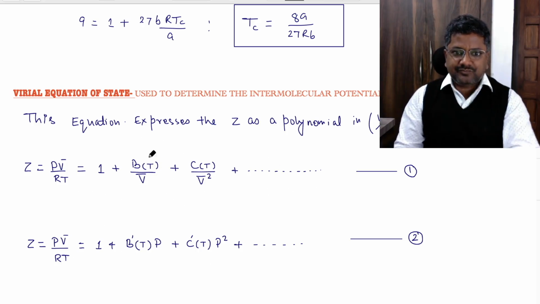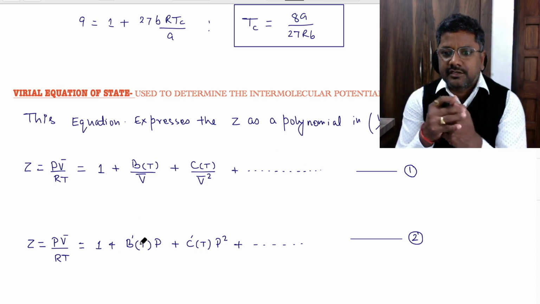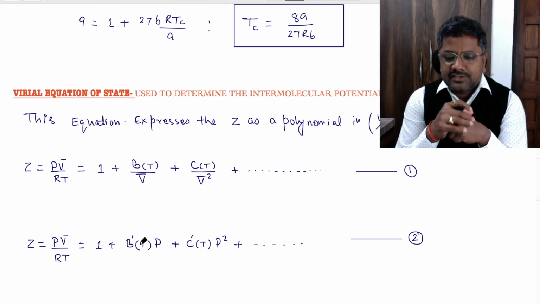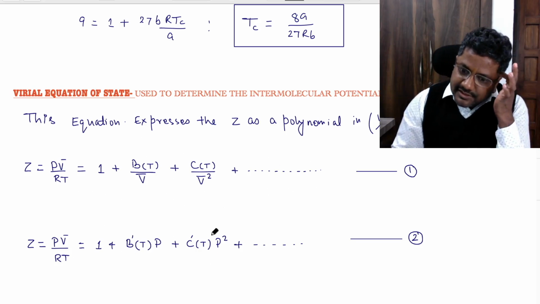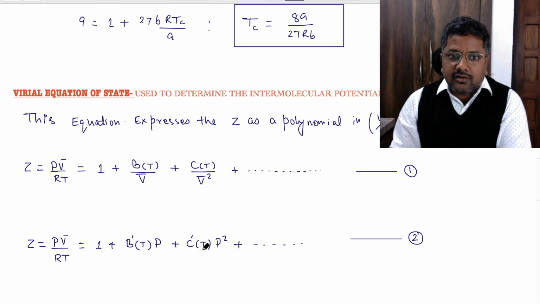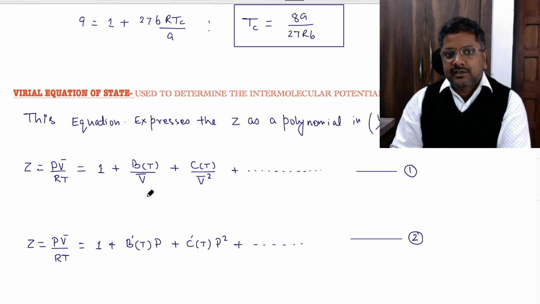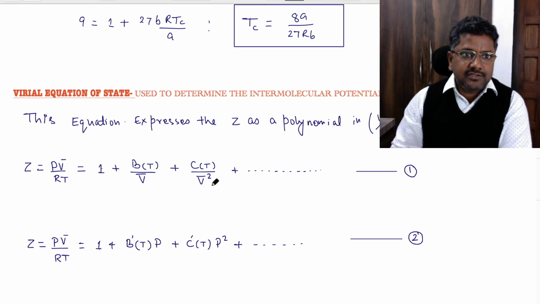So this B or B dash is called the second virial coefficient. C or C dash is called the third virial coefficient, and 1 is the first virial coefficient here. So these are the coefficients, and basically their value depends on the temperature, right?